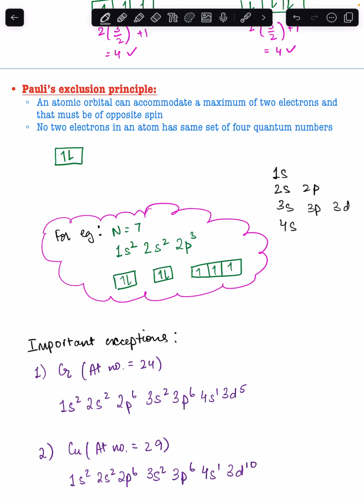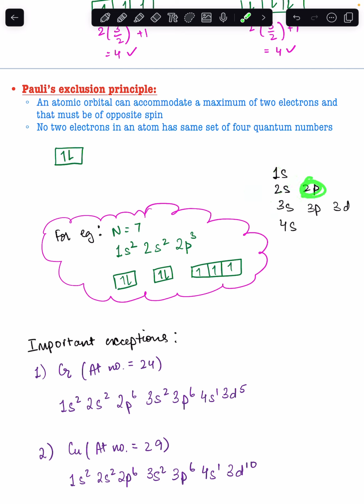Now the atomic number of N is 7, alright? So first the 2 electrons will go into s, so 1s2. Then 2 electrons will go into 2s2. Then how many electrons are remaining? We had 7. 4 electrons have already been placed, so we have only 3 electrons left. Now that 3 electrons are left, they will go into 2p, alright?